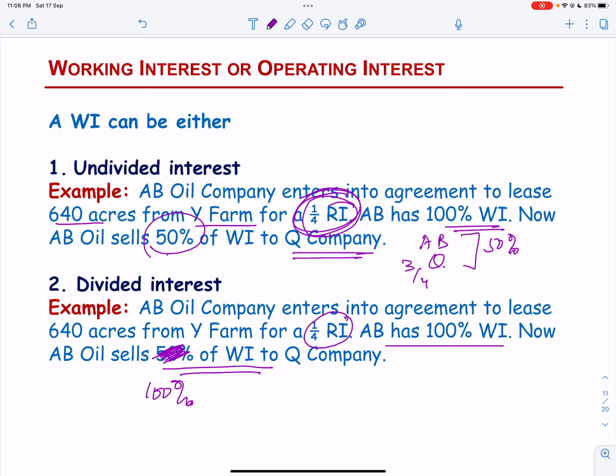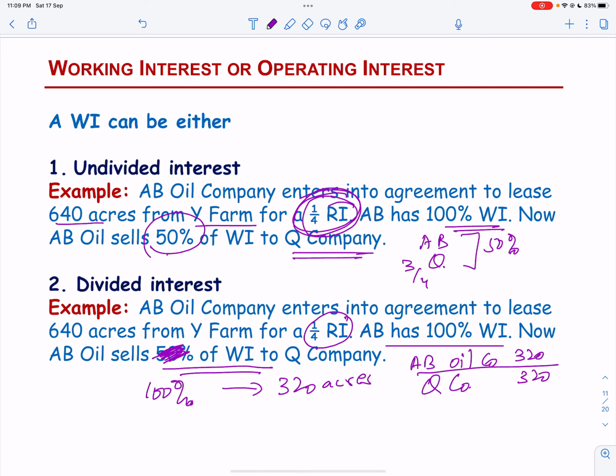If it is 50% of the property, that means it is equal to 320 acres. So now AB Oil Company and Q Company have 100% of working interest in 320 acres each, or one half of the original acreage.